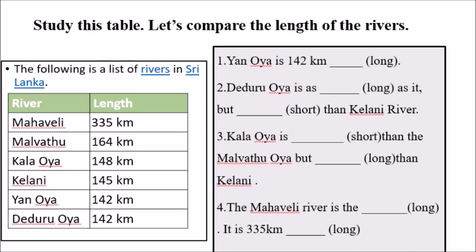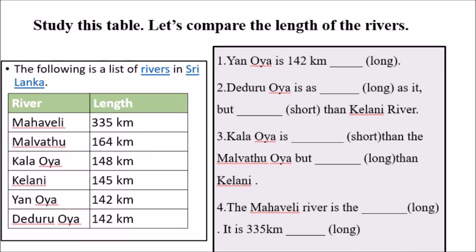What are we going to do now? It's another similar activity. Study this table. Let's compare the length of the rivers. Mahaveli, Malwattu, Kalaoya, Kelani, Yarnoya, Dadruoya. Number 1. Yarnoya is 142 kilometers blank.